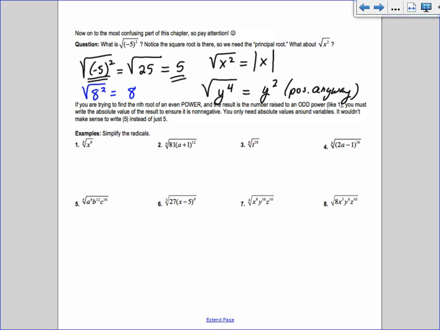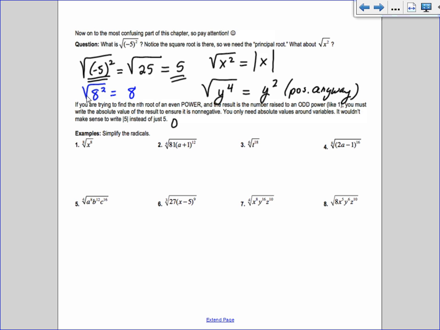So here it says, if you're trying to find the nth root of an even power, and the result is the number raised to an odd power, like x to the 1st, x to the 3rd, you must write the absolute value of the result to ensure it's non-negative. And then it says here, you only need absolute values around variables. It wouldn't make sense to write the absolute value of 5 instead of 5. That's what I was talking about. Okay, so here's your key.